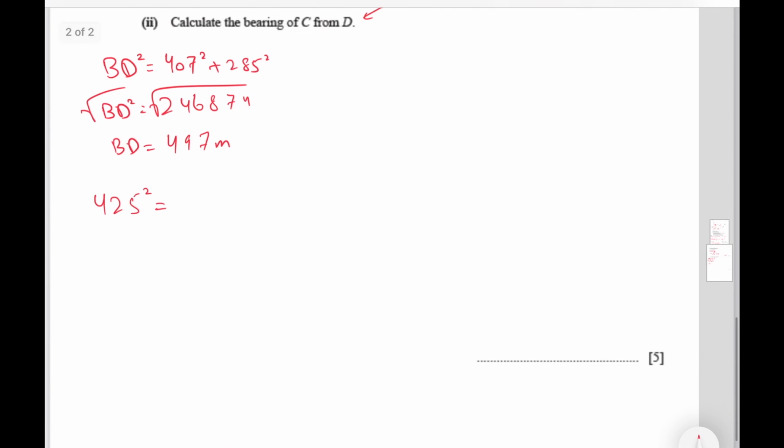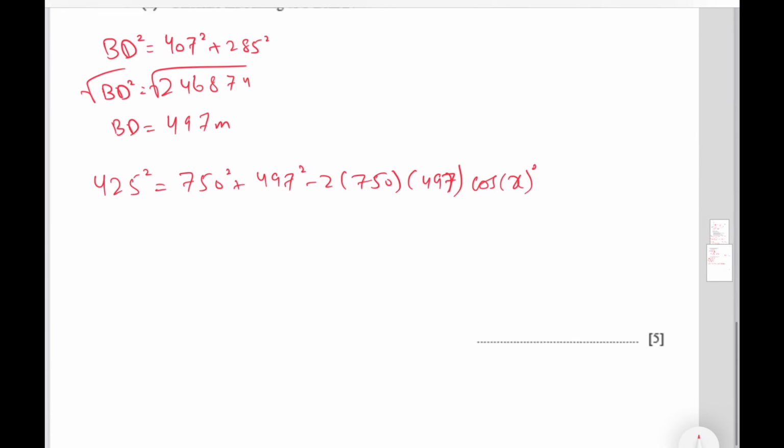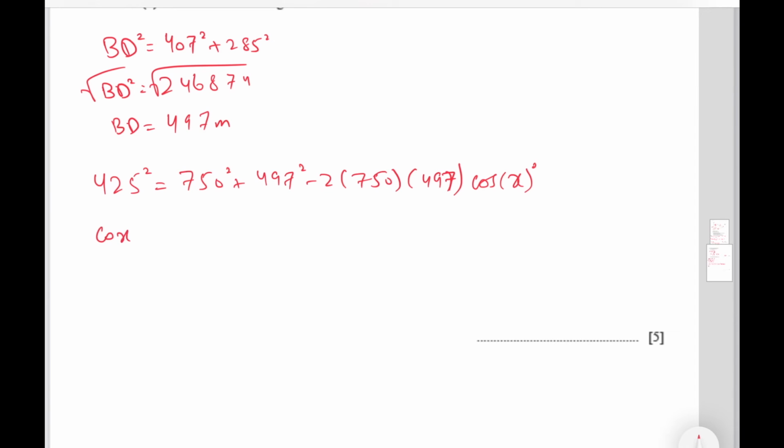So we do 750 squared plus 497 squared minus 2 times 750 times 497 times the cos of angle x degrees. So let's see what we get. Cos of angle x is equal to 425 squared minus 750 squared minus 497 squared, divided by negative 2 times 750 times 497.